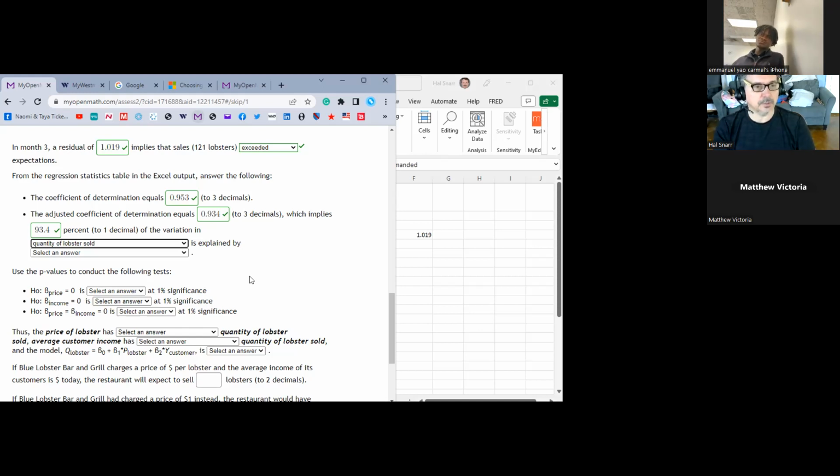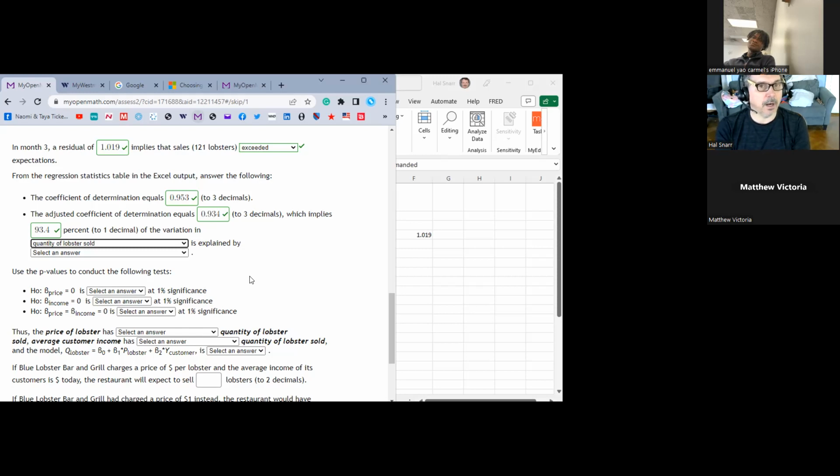You want to sell it fresh, right? So you want to run regression so you can get a pretty good idea of how much you're going to sell that day, right? So you have to collect data, you run it through a regression program, and you get an idea of how much lobster you need to get at the current market prices, right?